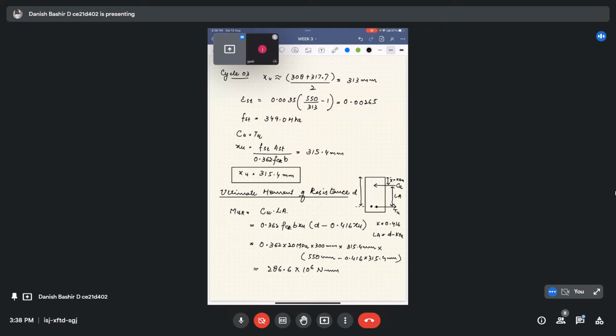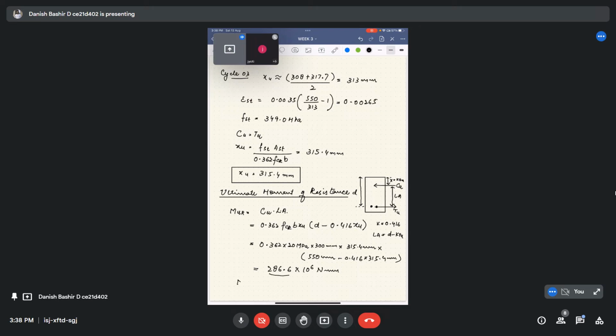In the previous lecture, I have given you the conversion that 10 power 6 Newton mm is 1 kilonewton meter. Now we have to report this value. For example, you are a designer, and you have given the analysis of this section. You will not report it as some decimal value.